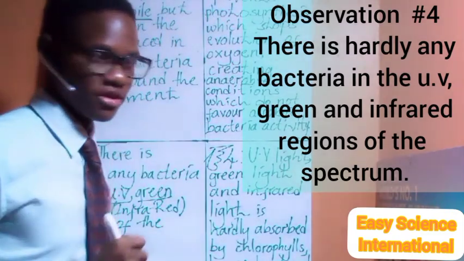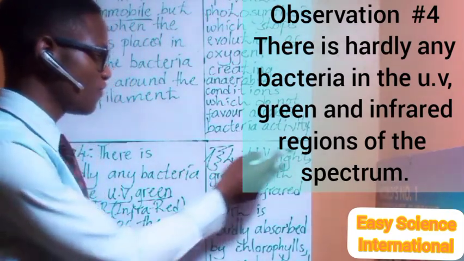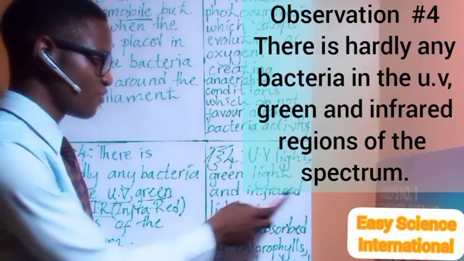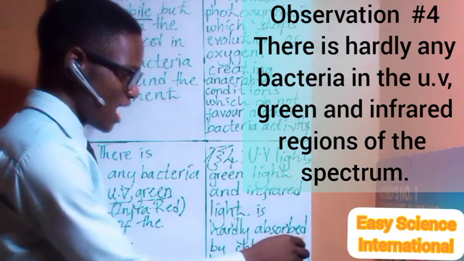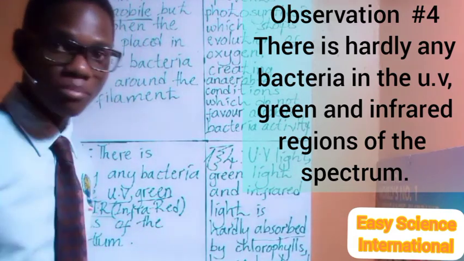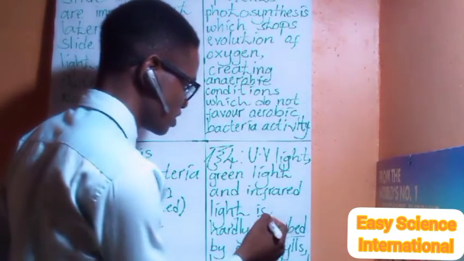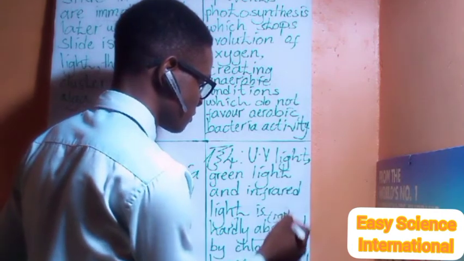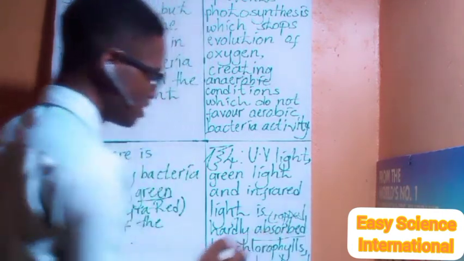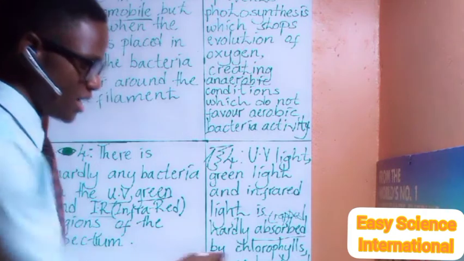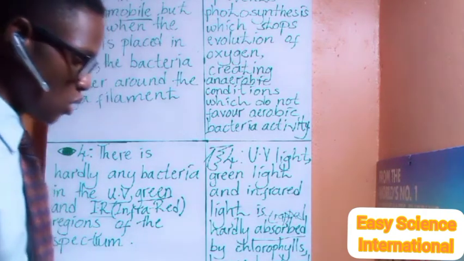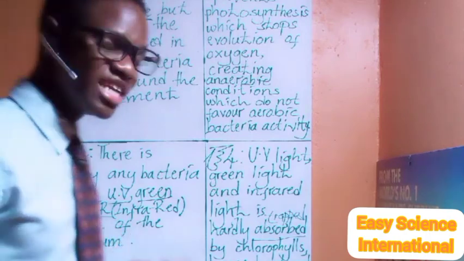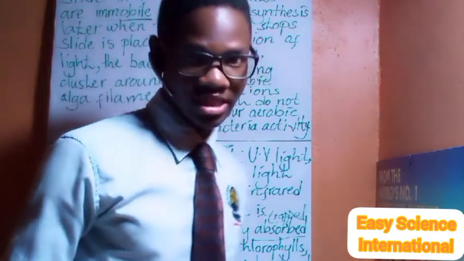The deduction here. So deduction 4. UV light, green light, and infrared light is hardly trapped. Can use the word trapped. Is hardly trapped by chlorophylls, hence least used in the process of photosynthesis, with no or little evolution of oxygen.